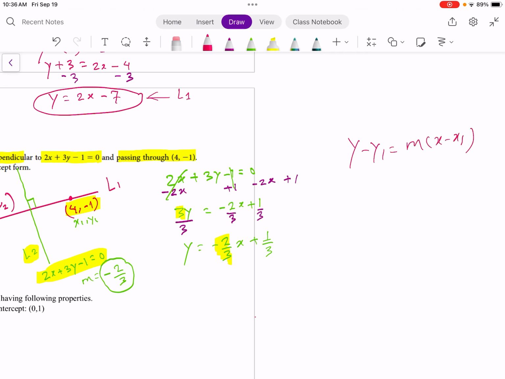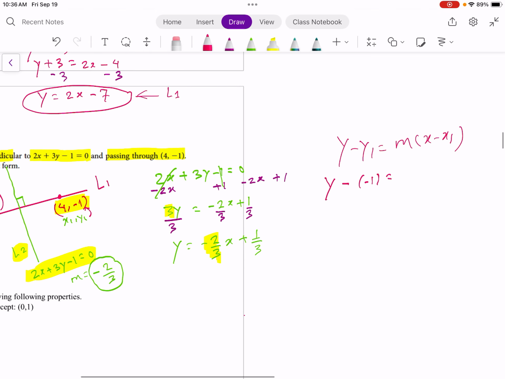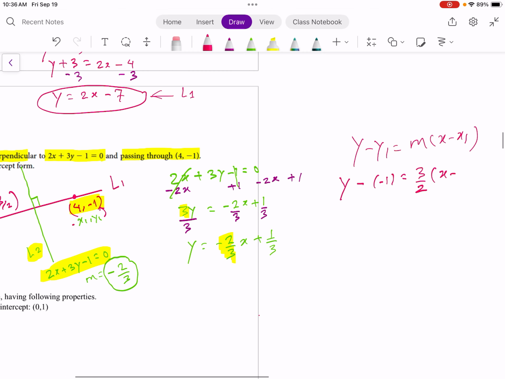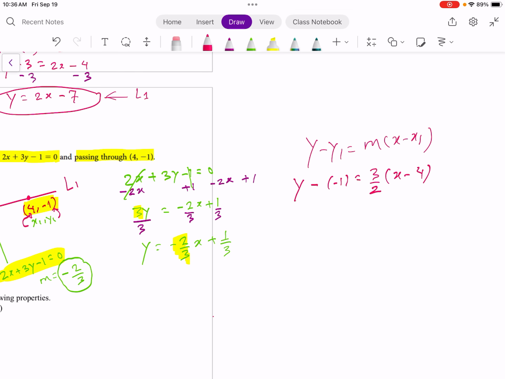Now let's substitute our y1, x1 and m. Our y is as it is. What is our y1? Negative 1 equals the slope, 3 over 2, times x minus x1, which is 4. Now let's simplify and solve for y, and that is our final answer.